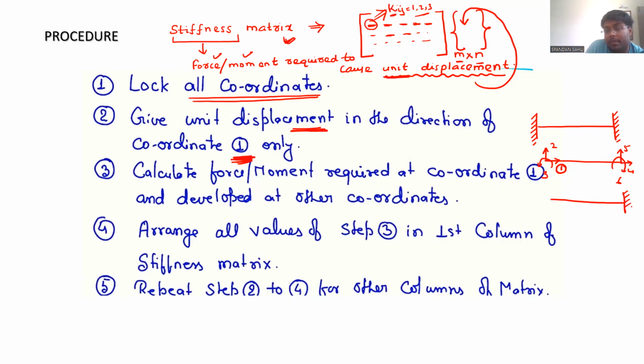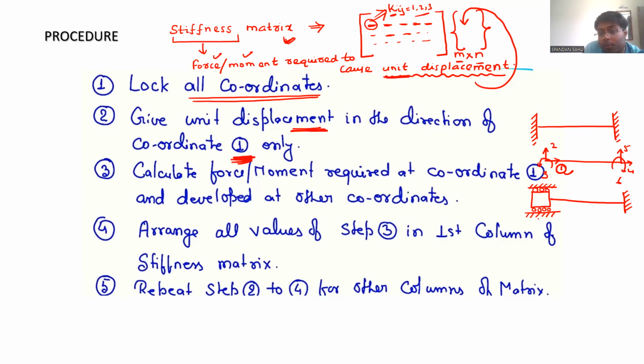I am just playing with the support conditions such that our parent structure remains intact and only one of our degrees of freedom is released. Now I have released this coordinate 1 degree of freedom, so I have given an axial release.